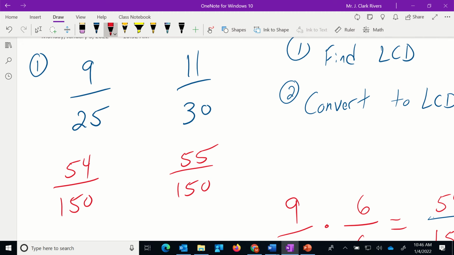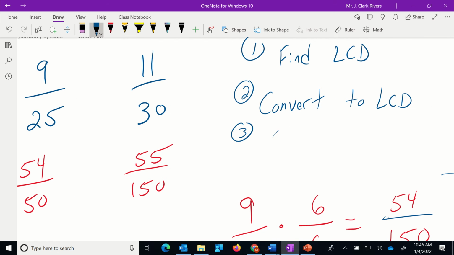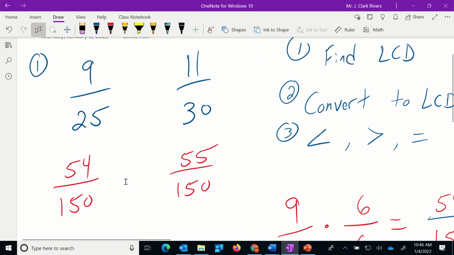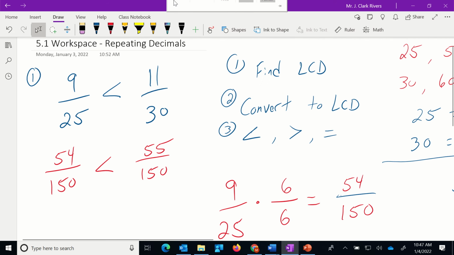So which one is greater? Oh, by the way, that's step number 3 here. We've now converted. So we want to now write less than, greater than, or equal. So what sign goes here? Shout it out. Less than, right? 54/150 is less than 55/150, and then we have a less than sign up here as well. So there we go. Questions on that?